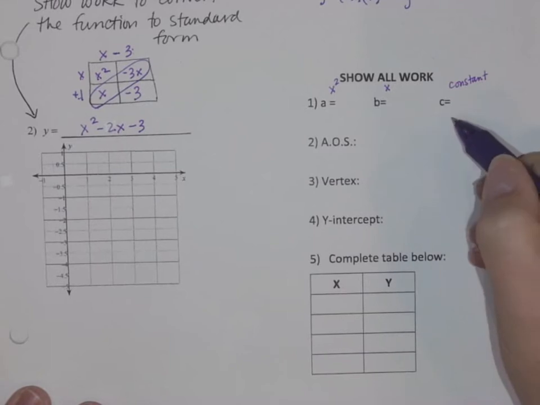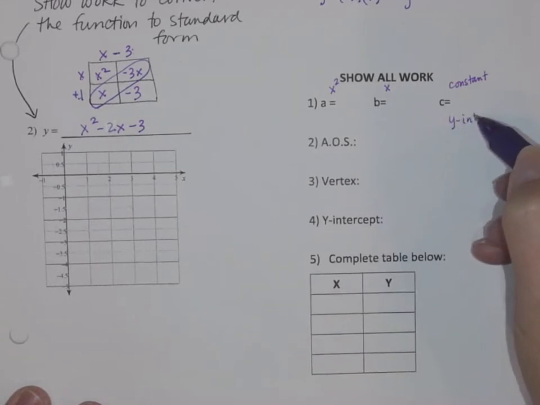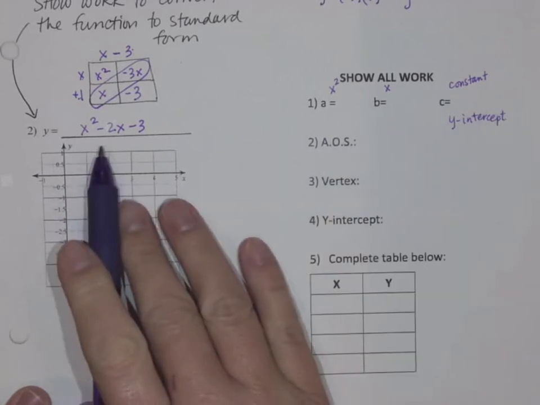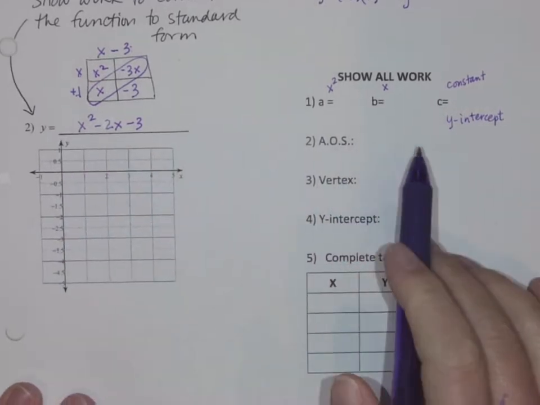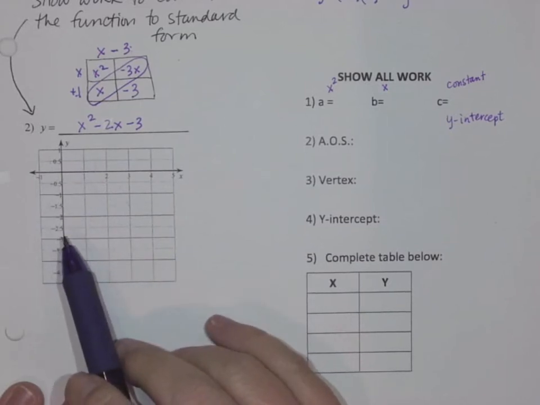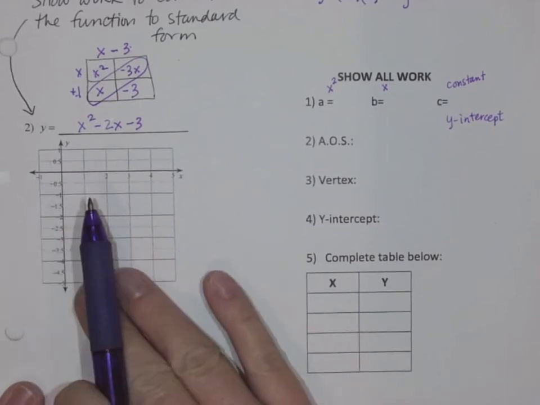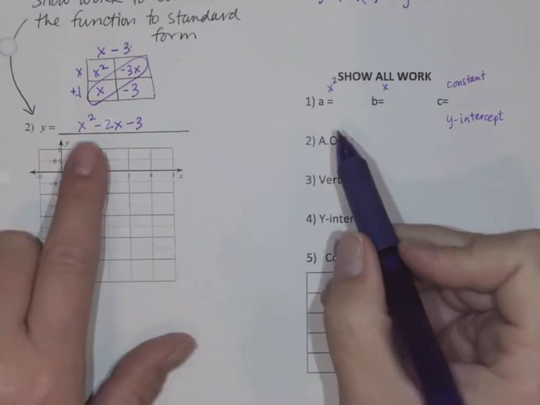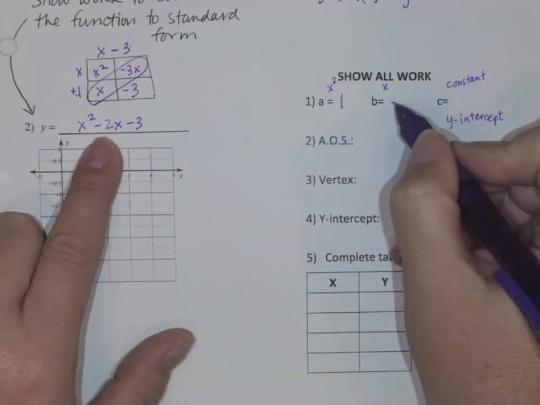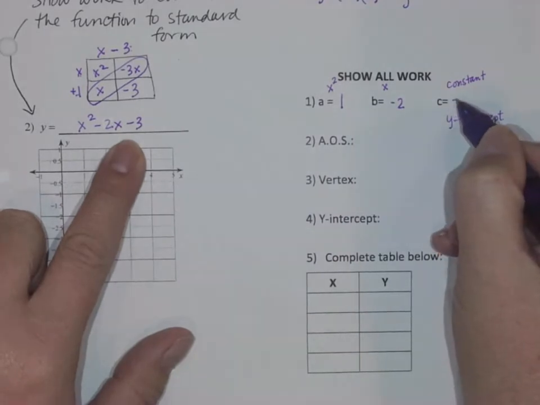And the c value is also going to be our y-intercept. Okay, and that's true anytime we have this form of the equation. So when we see our c value, we'll be able to actually just plot that right on our y-axis.